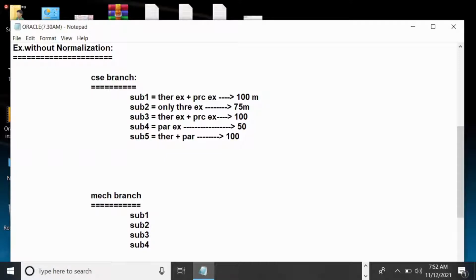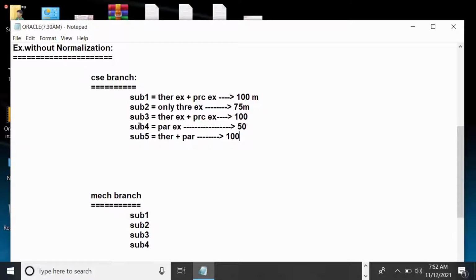So now tell me, guys. Based on the qualification or branch-wise, they have subjects, and in these subjects, some have theory plus practical, some have only theory, some have only practical. So subject-wise, some subjects have 2 examinations, some have 1 examination.